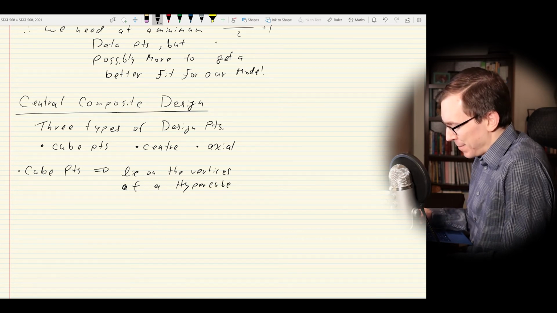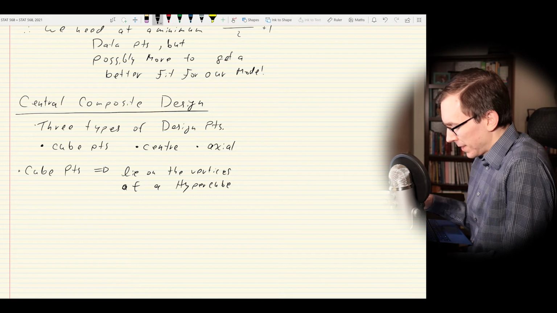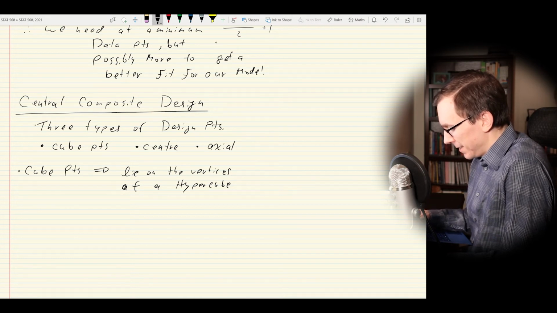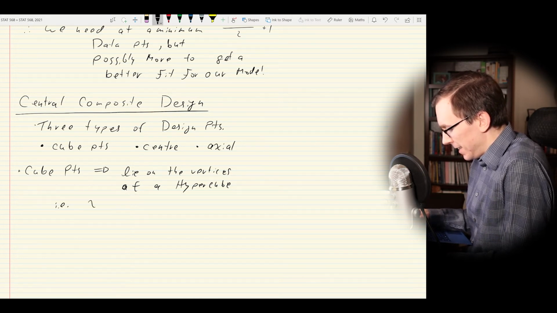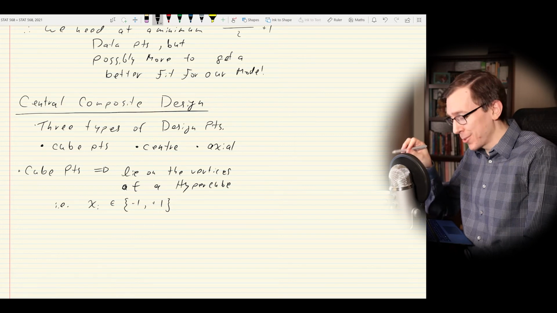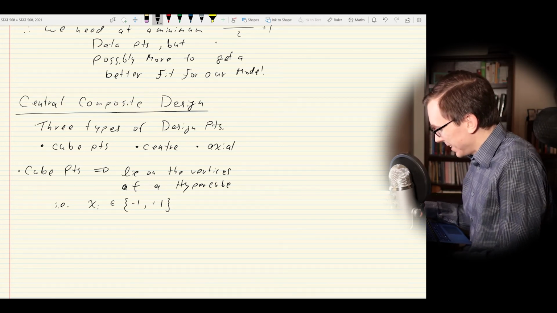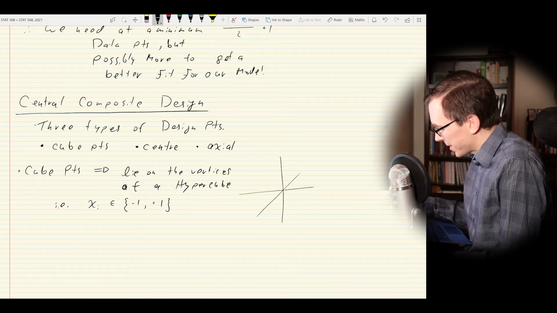What they actually are going to be is, well, it's basically going to mean, i.e., the x_i take values that are either going to be -1 or +1. So that sounds a lot like a factorial, a 2-level factorial design. And yeah, keep that in mind. But yeah, basically the idea is that if I have my axis, maybe I can do this in 3 dimensions, why not?